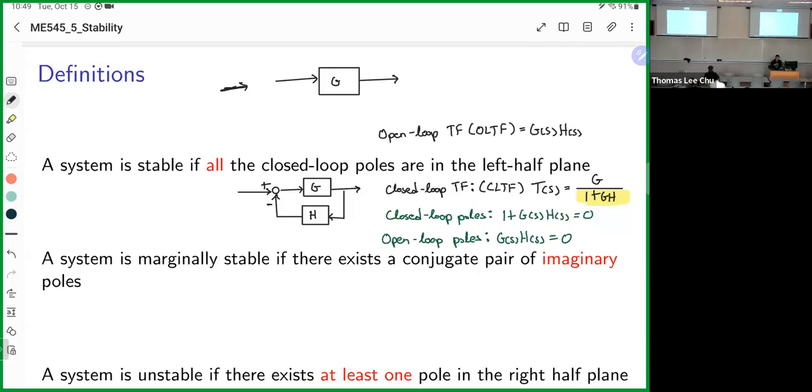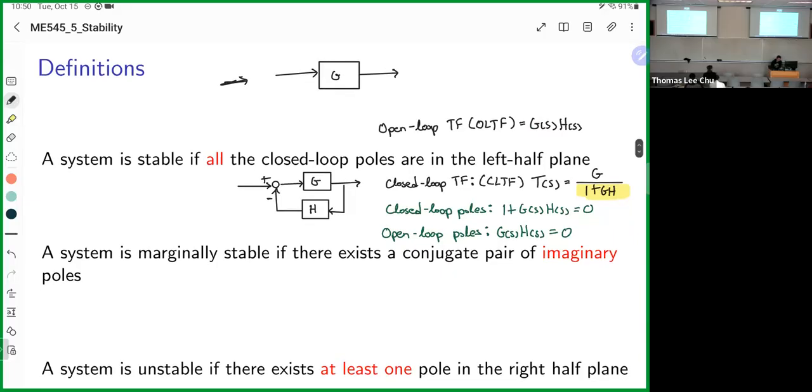Sometimes you'll see just G alone because we're talking about unity feedback where H is equal to 1, but this is the actual definition where G(s) multiplied by H(s) is the open loop transfer function. And we include the H because that's the sensor and that's our output reading.